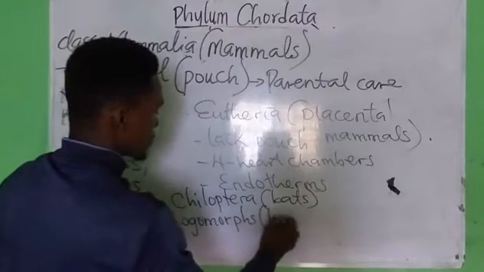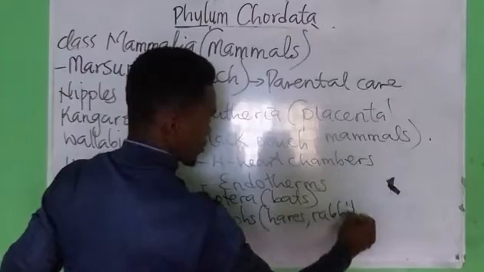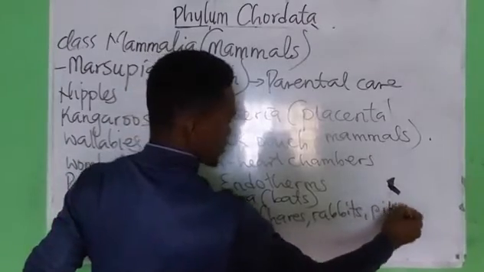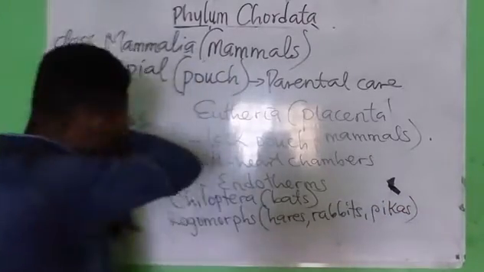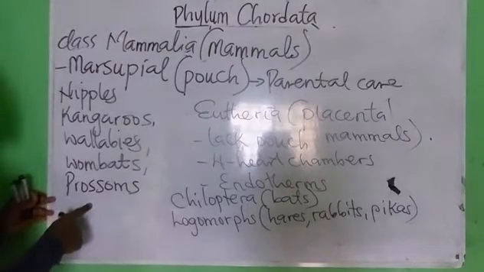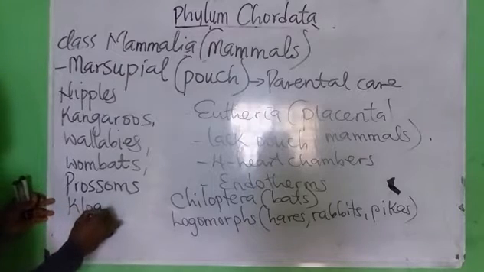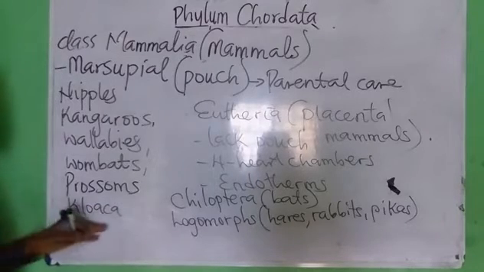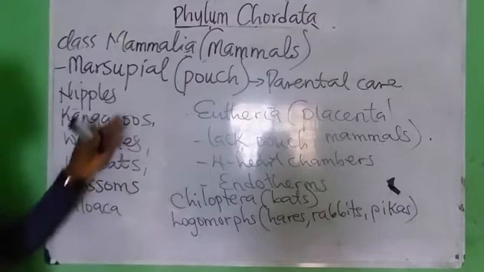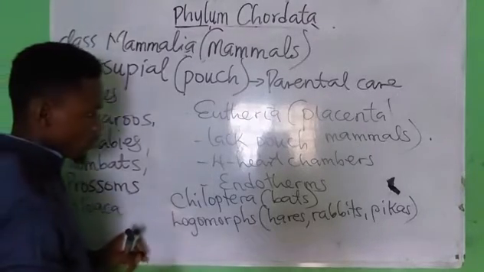That is where you have the hares, rabbits, and pikas. Yes, another example of a marsupial is the cloaca. Right, the cloaca is also an example of what? A marsupial mammal.